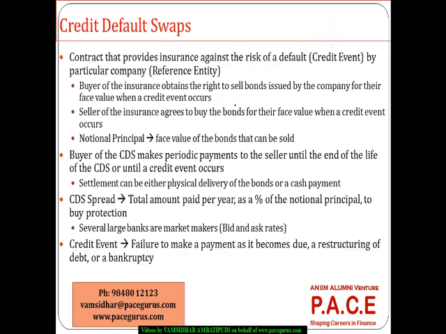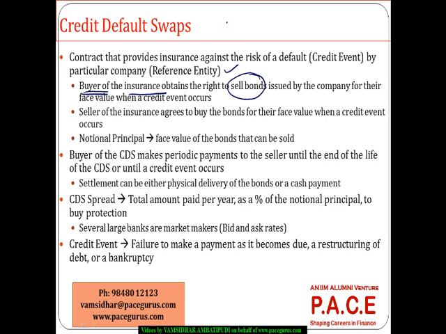So it's a kind of an insurance, it's a kind of a protection that the lender or the investor in a credit instrument is getting against the default of a particular company, which is what we are calling the reference entity. Now if you look at the way it works, the buyer of the protection has the right to sell his bond.